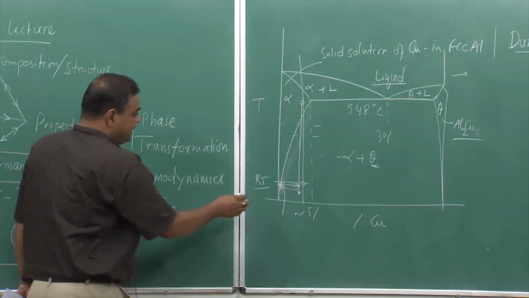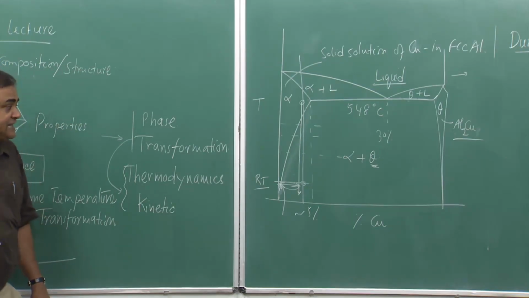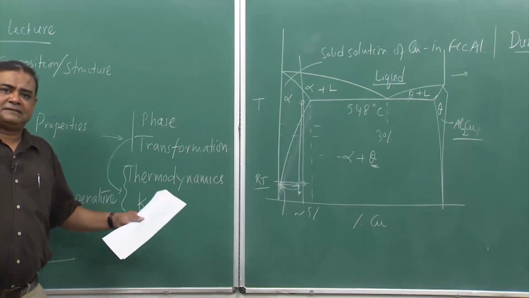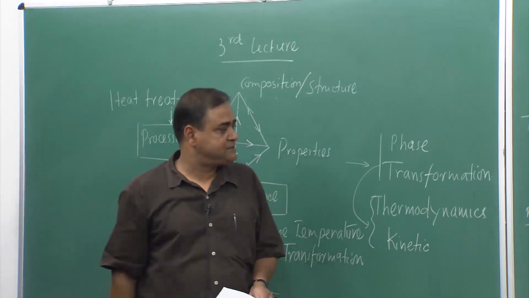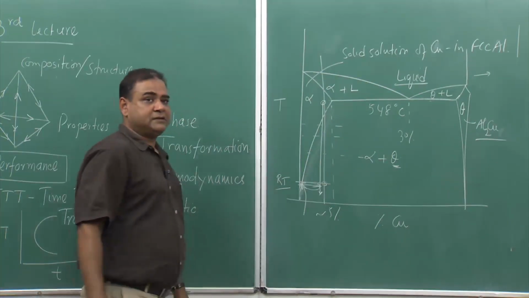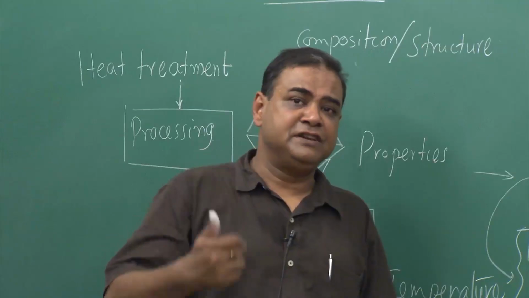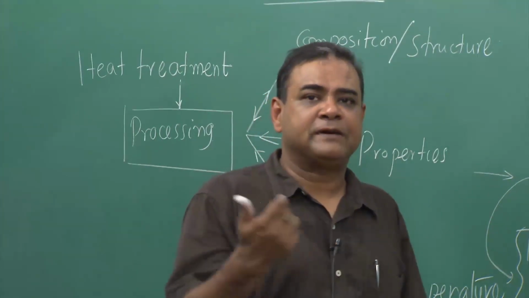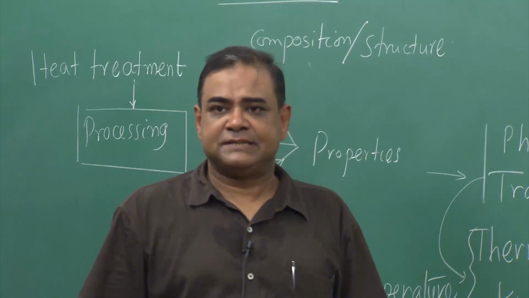Now, what happens to this excess copper? At room temperature, it takes years to come out of the system and form fine precipitates. But if we increase the temperature to about 200 degrees Celsius and hold it, we accelerate the copper coming out from the solid solution and forming fine precipitates.